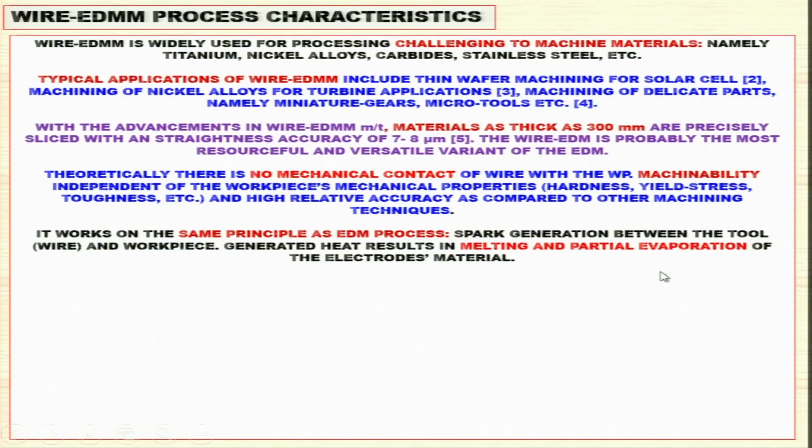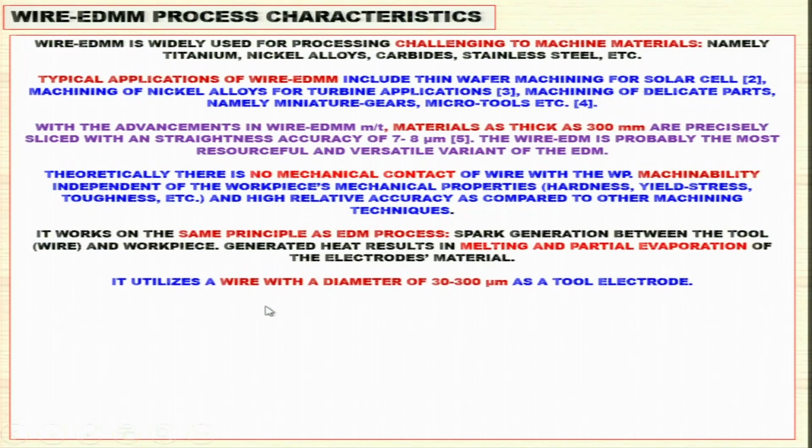Spark generation between the tool, that is the wire, and workpiece takes place. Generated heat results in melting and vaporization or partial evaporation of the electrodes material. That is, electrodes include anode as well as cathode, and anode is the workpiece and cathode is the tool, that is the wire.